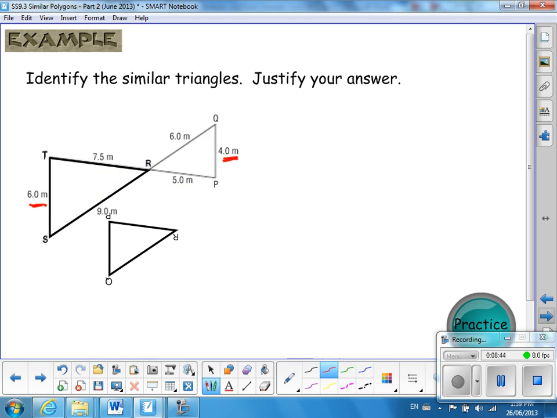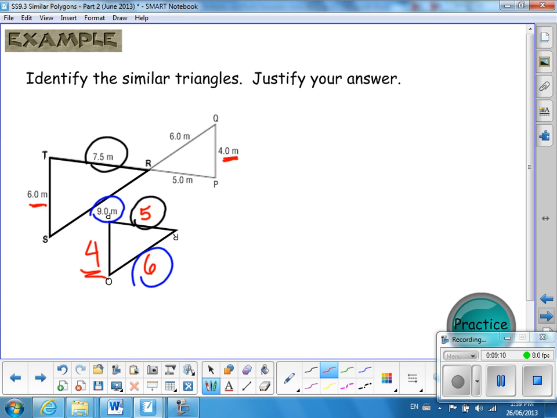So we could put in the 4, RP was 5, and RQ was 6. Now we know that 6 and 4 are corresponding sides, 7.5 and 5 are corresponding, and 9 and 6 are corresponding.